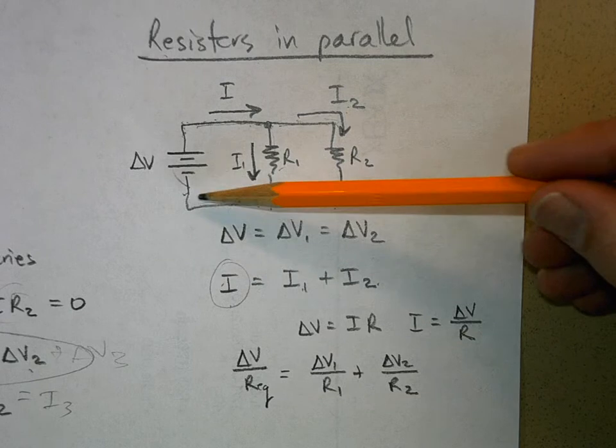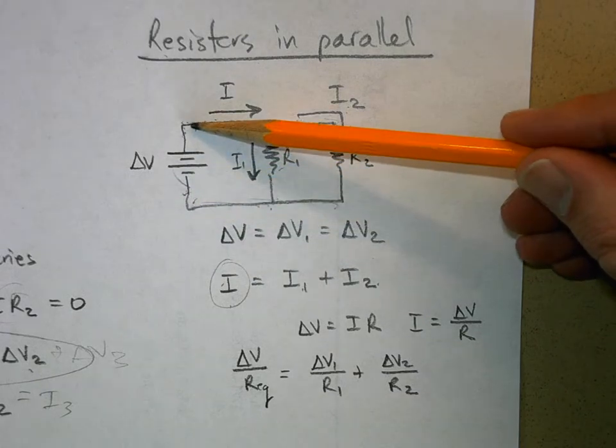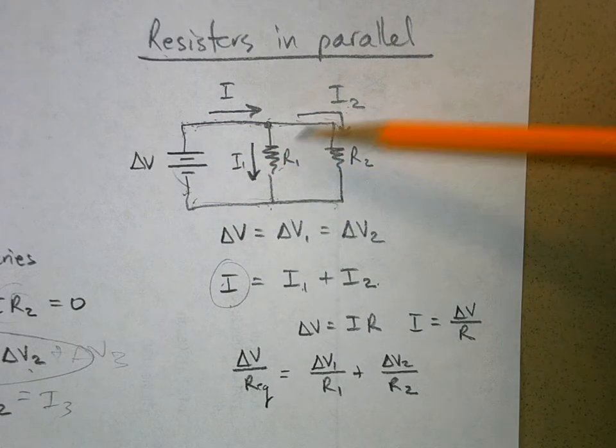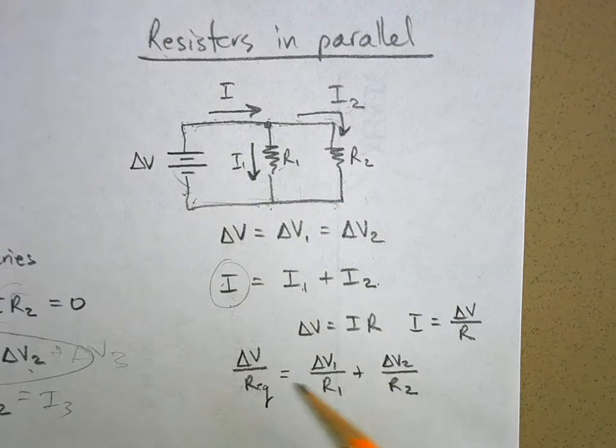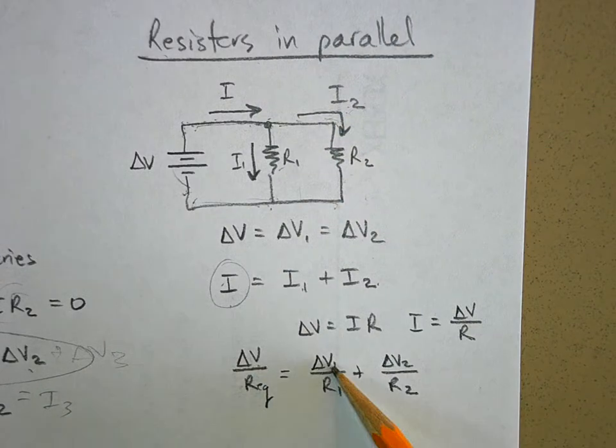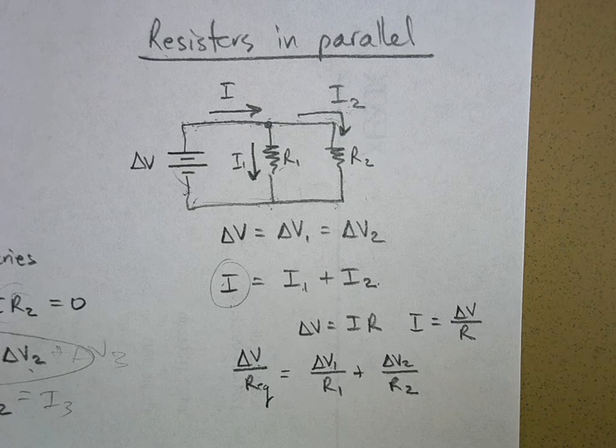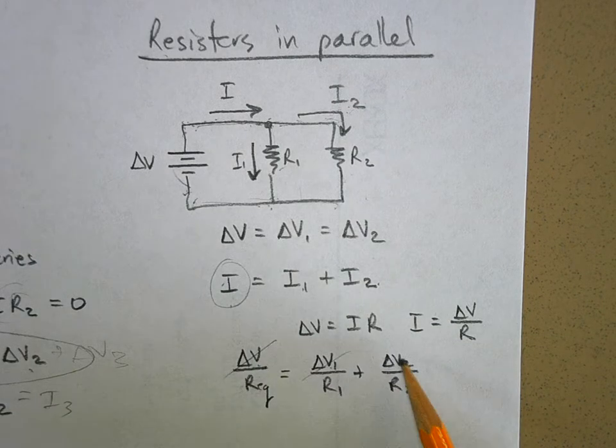But the voltage delivered is equal to the voltage on the two resistors. In other words, delta V and delta V1 and delta V2 are all the same. So what happens to them? They cancel out.